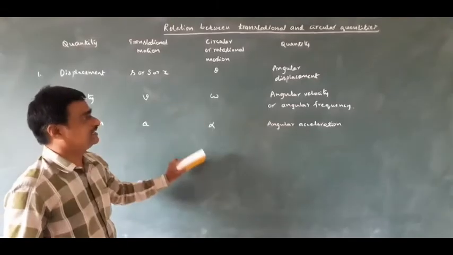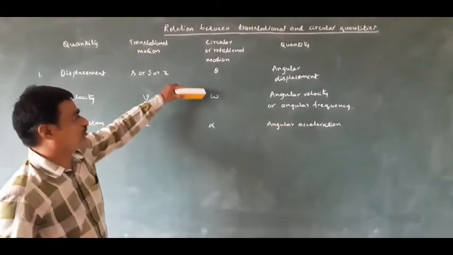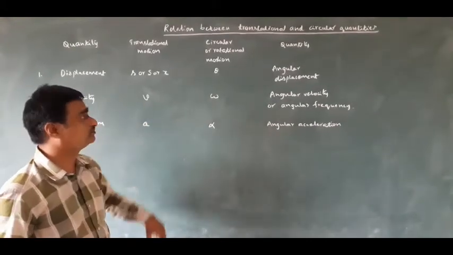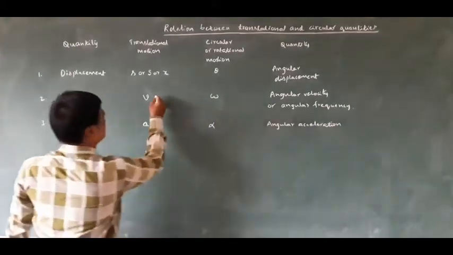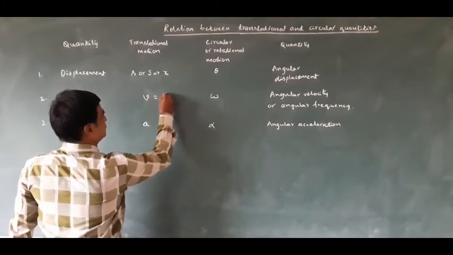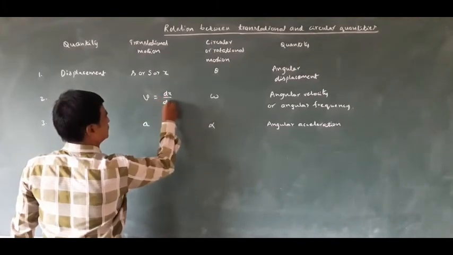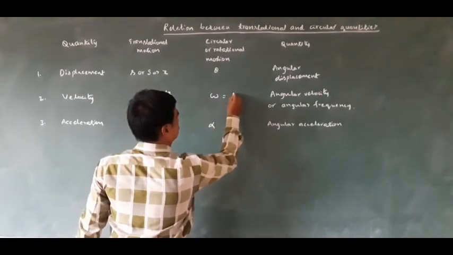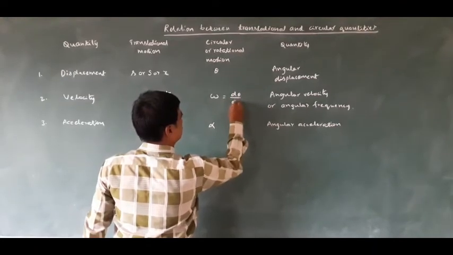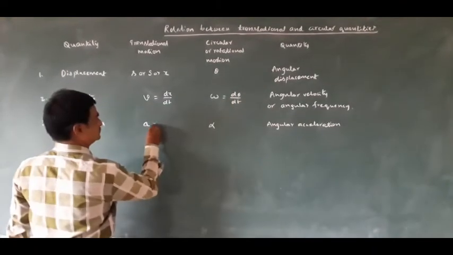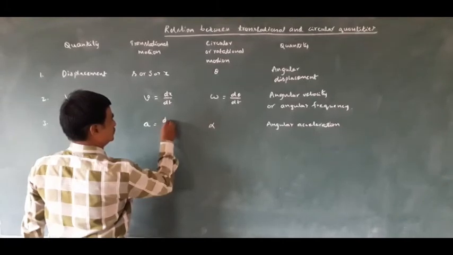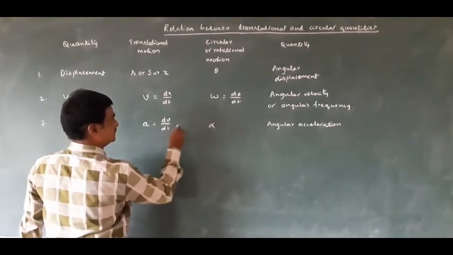Okay, we are having these things, and we know v is equal to dx by dt, omega is equal to d theta by dt. A is equal to dv by dt.